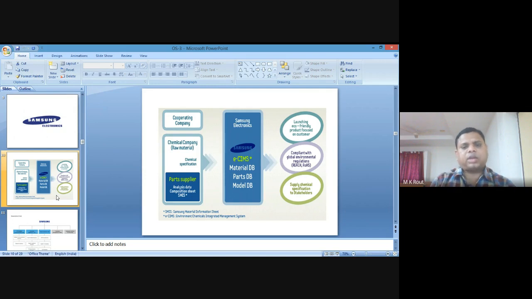Whenever Samsung Electronics implements the environmental chemical integrated management systems, especially in the case of LCD or LED TV, as you know, plastic circuits are basically used.